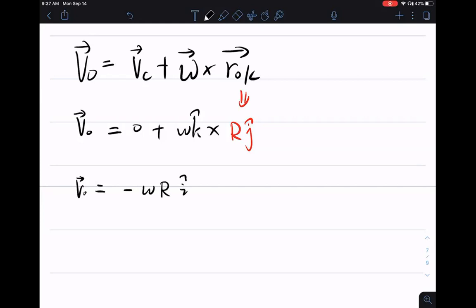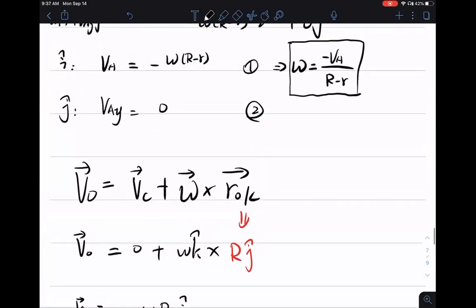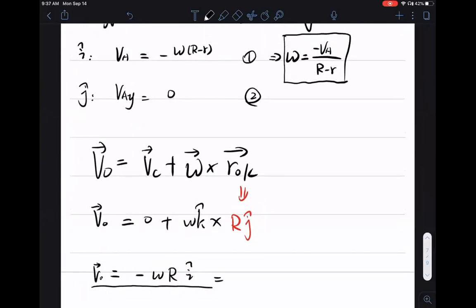Okay, the cross product of omega k cross R j is negative omega R i. How many of you got that right? Raise your hand. Okay, good. That's the correct result from that cross product. Now we have this expression for VO. We solved omega previously, so we can plug in omega: negative VA divided by (R minus r) times R on i direction.